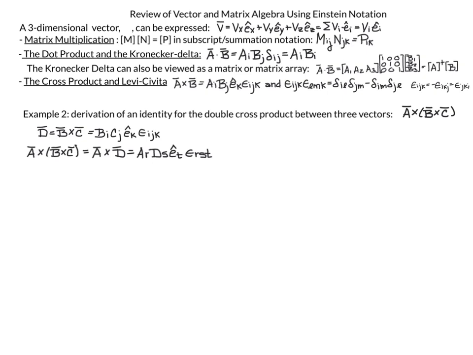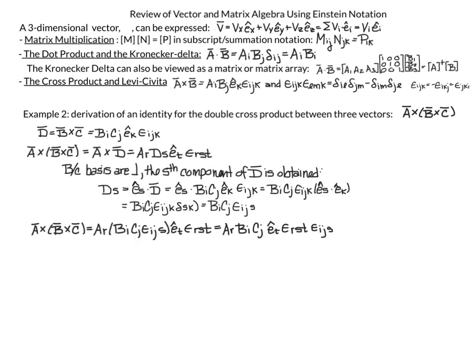Now when we take A cross B cross C, that's A cross D. And we're going to use different indices because they need to be independent. So we're using R, S, and T instead of IJK. So we'll have A_R, D_S, e^T, the Levi-Civita epsilon RST.